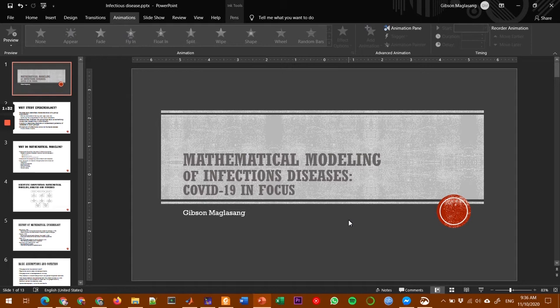Okay. Now, for this case, we'll be talking about infectious diseases because I believe this is very relevant and timely, especially as we are now experiencing this unprecedented event, the coronavirus COVID-19, and people are going crazy about it, and some are afraid, and some are even doubtful. Will we be able to overcome this?